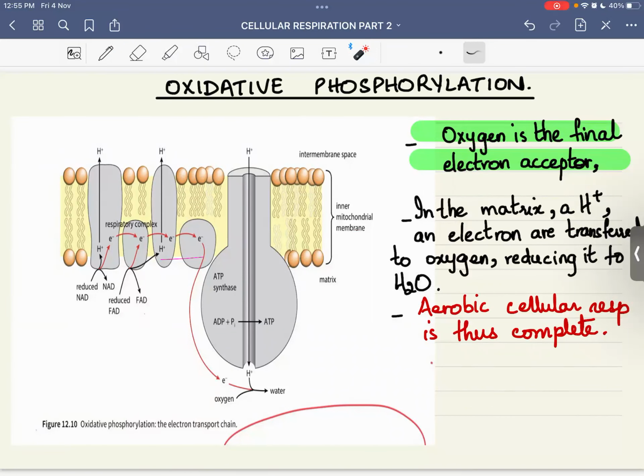अच्छा, this is the inner membrane. What's the other name of the inner membrane? Matrix. Inner membrane का दूसरा नाम क्या है? Matrix. ये मैं बना रही हूँ inner membrane.